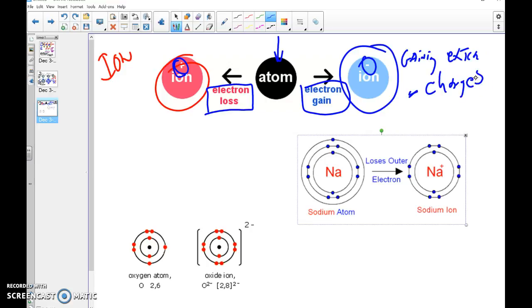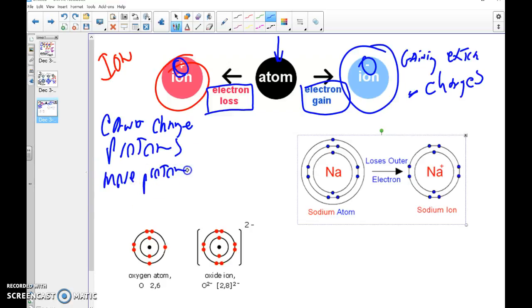But the reason that ions become positive when you lose electrons is because you can't change the protons. And since you can't change the protons, there's now less electrons because you lost them. And since there's more protons and less electrons, now the atom has more positive charges than negative charges.